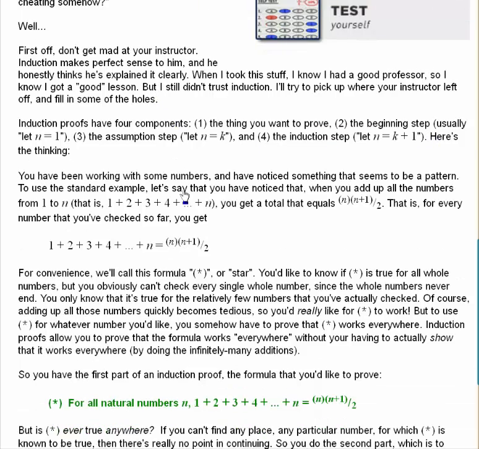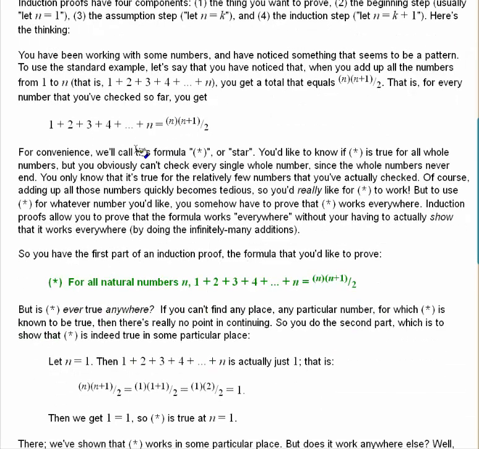So here's a very standard example in showing induction. You may observe by trying several cases that if you add the numbers from 1 to n, you get a total that equals n times n plus 1 over 2. Try it. Let's say n equal to 4. 1 plus 2 plus 3 plus 4 is 3 plus 3, 6 plus 4 is 10.